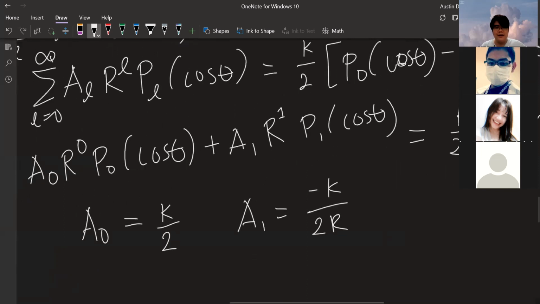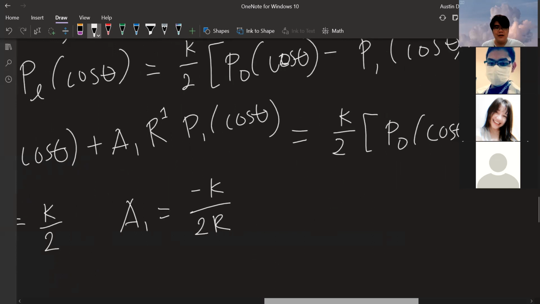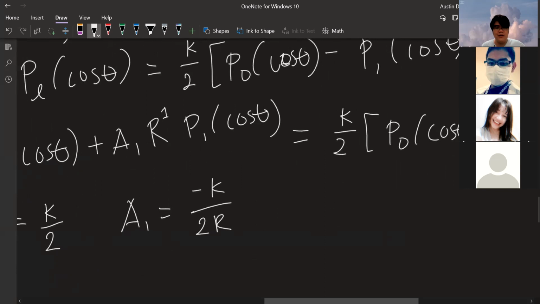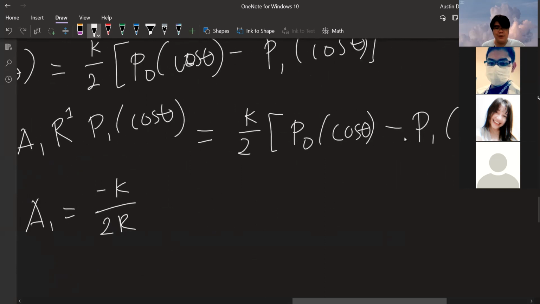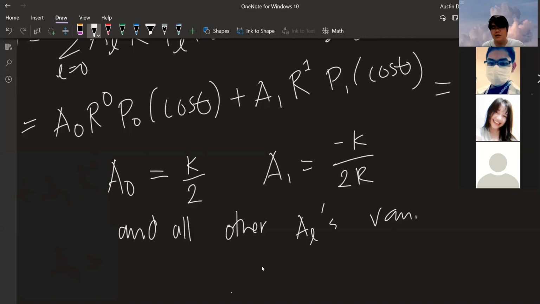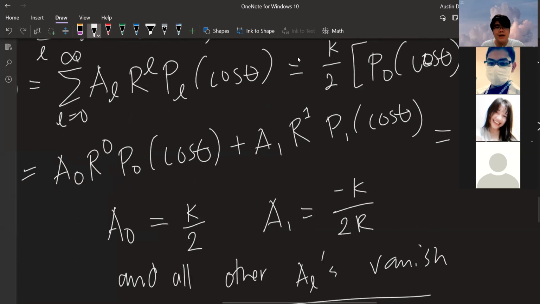Tama? Okay? So, tama, di ba? A1. Lipat ko yung R1 sa kabila. So, yung coefficient nito will be negative K over 2. Okay? And then, you say, and all other ALs vanish. Okay? So you have this solution. Very nice, di ba? Hindi ka na nag-integrate.